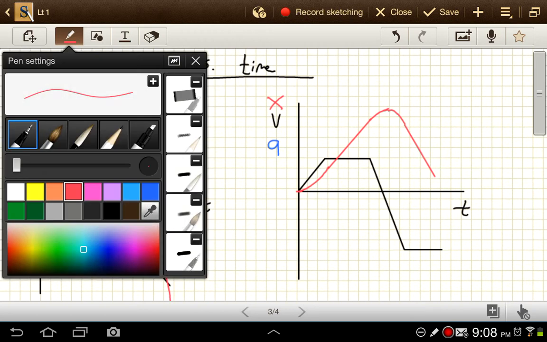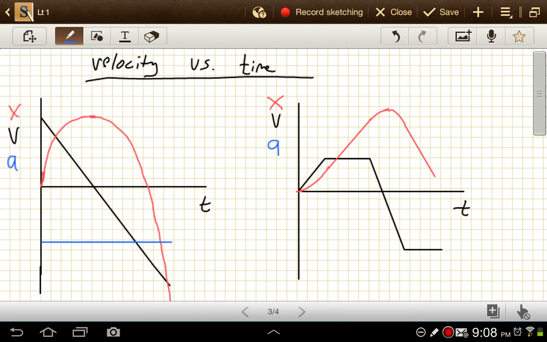And then for acceleration, looks like our velocity starts off with a positive slope, so we'll have positive acceleration for a little bit there. That's a straight line, and it's constant acceleration. Then our velocity stays constant for a while, so velocity isn't changing. That means acceleration is 0.